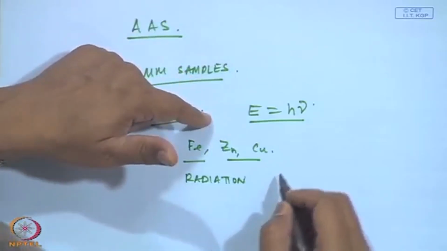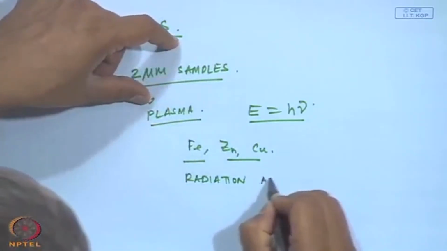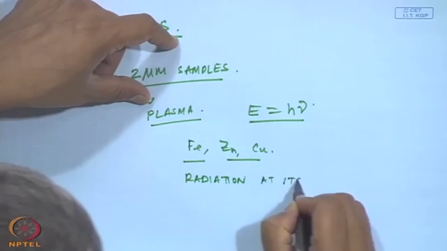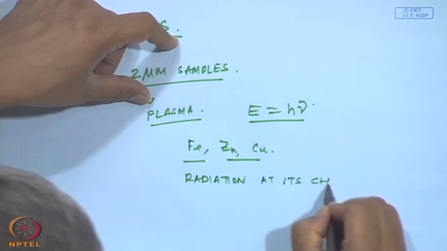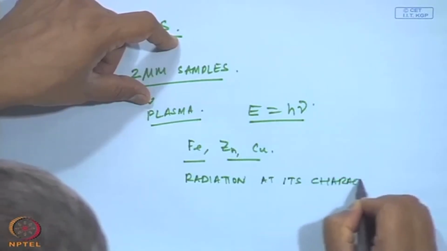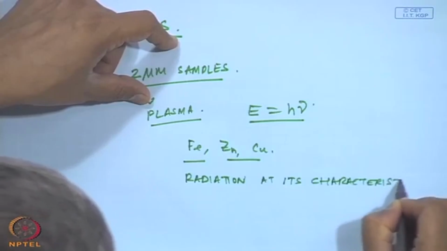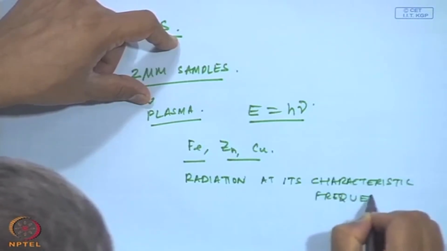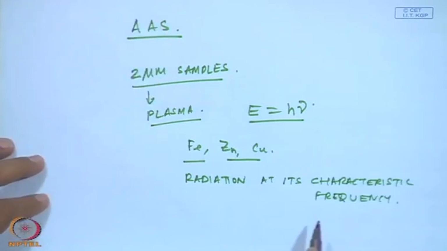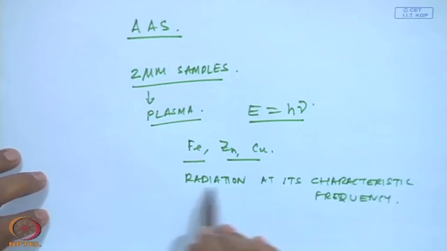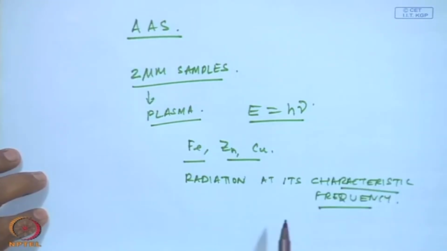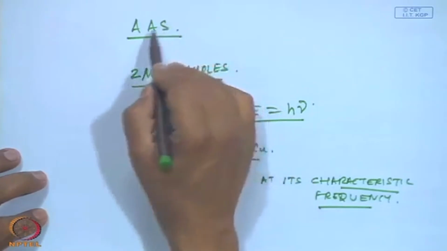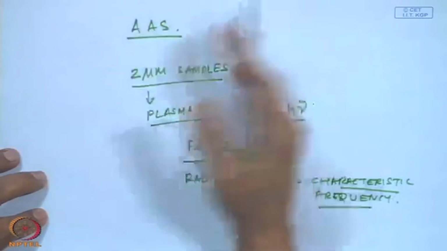The same is true for zinc and for copper, each radiating at its characteristic frequency. So, all I have to do is, at that characteristic frequency, measure the intensity of the radiation, and that is what is done through an atomic either absorption or emission spectrum.